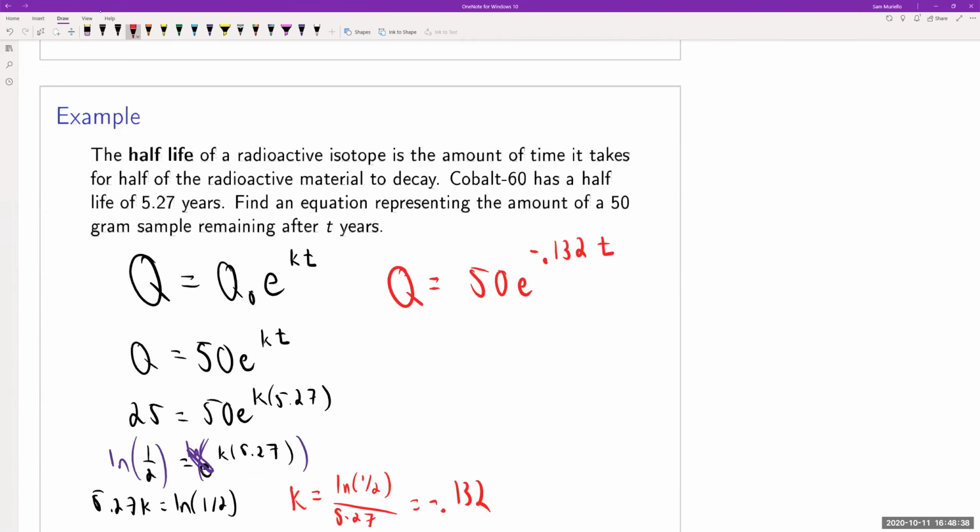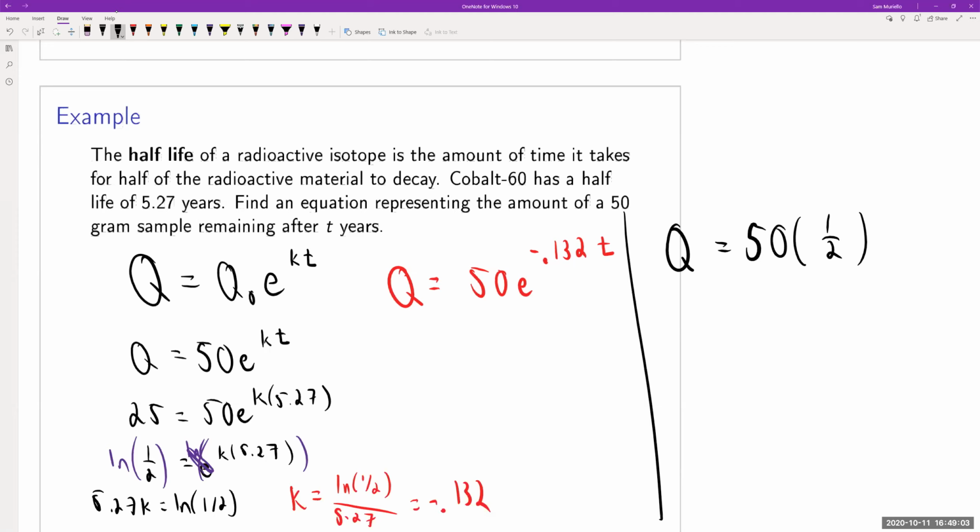The other way we can do this is, instead of using the basic form, thinking about this as a 1/2. We'll still have 50, but instead we will use 1/2 as our base. We know that every time t increases by 5.27, then I need to multiply by 1/2.